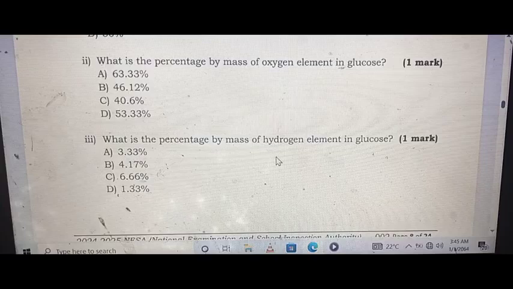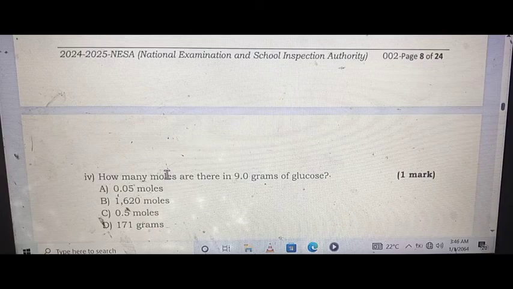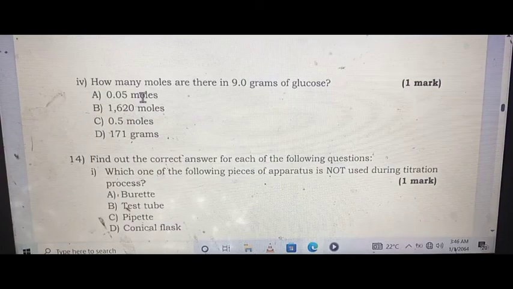What is the percentage by mass of hydrogen element in glucose? The correct answer is letter C, 6.66%. 4. How many moles are there in 9 grams of glucose? The correct answer is letter A, 0.05 moles.